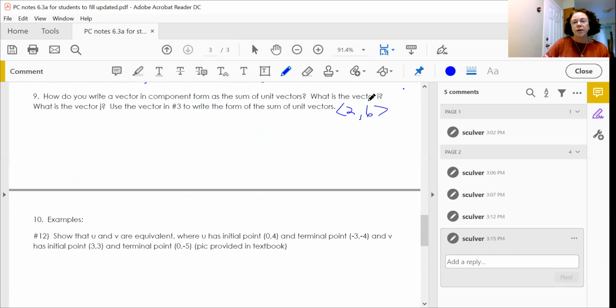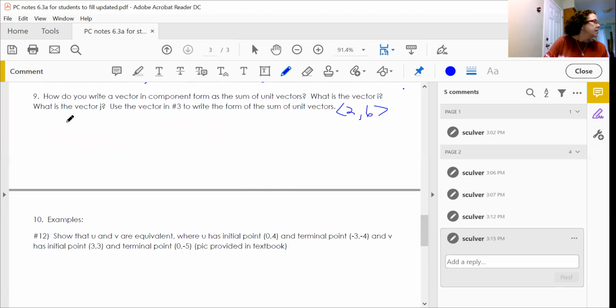Here's what I would want you to know. This is component form, right? V1, V2. The sum of unit vectors is simply these horizontal and vertical components times i and j.